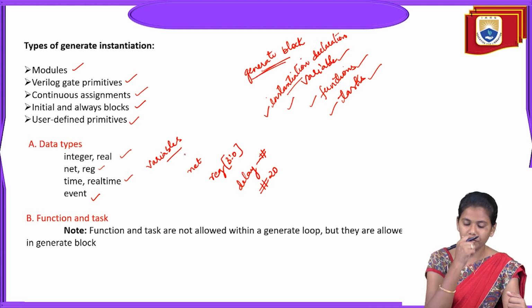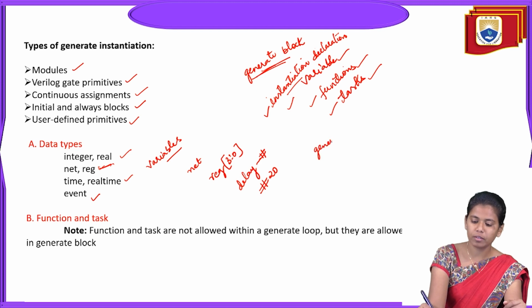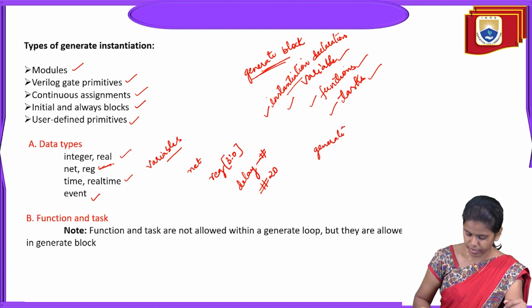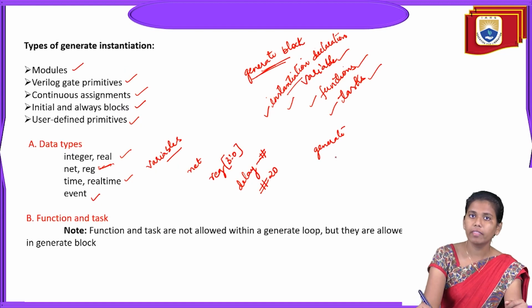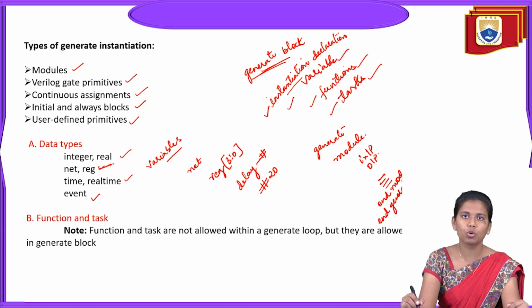For example, if you're writing your code in terms of reg with respect to the generate block, your code should start with generate, and then module, and then the inputs and the outputs and the statements, and the event, end module, and end generate. This is how your code should be written.